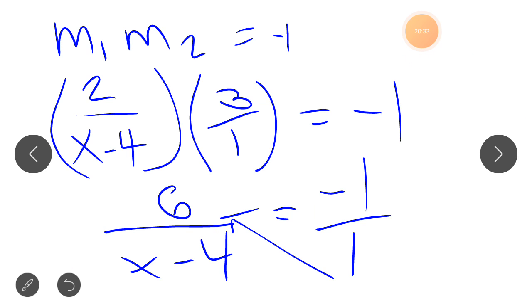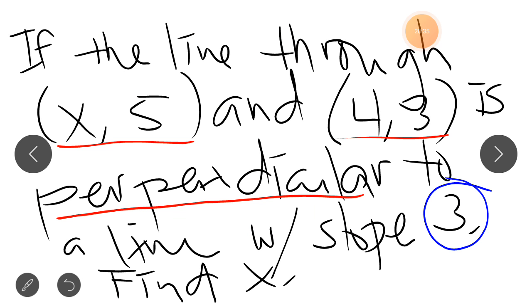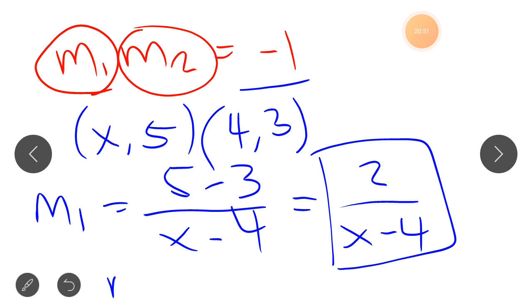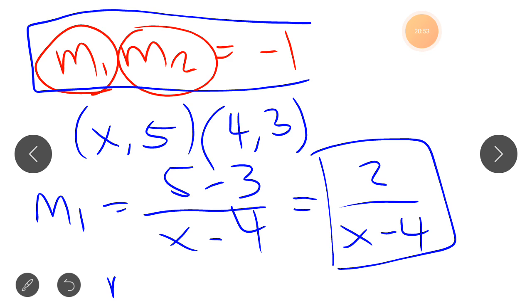Okay. So let's recall this problem. If the line through (x, 5) and (4, 3) is perpendicular to a line with slope 3, find x. So the magic word or the keyword here is the word perpendicular. So it will give you a clue that what you're going to use is this formula, m1 times m2 equals negative 1. To use this, you need to find the slope of the first line and the slope of the second line.